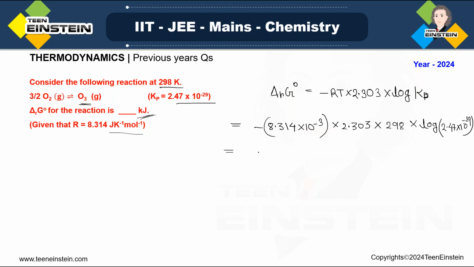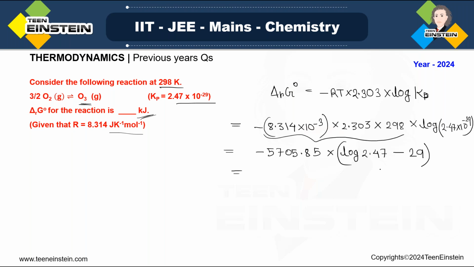So here we will get minus 5705.85, that is this total quantity. Then as Kp is given in multiplication format, we can write it as log 2.47 plus log 10 to the power minus 29.